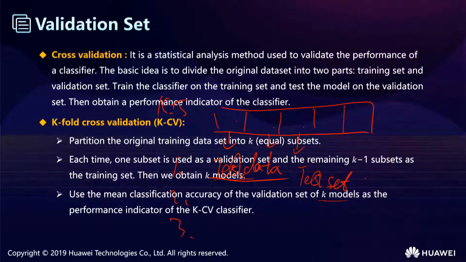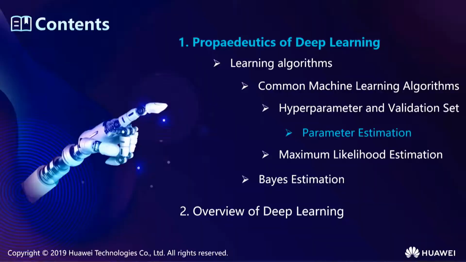That is called k-fold cross validation, and each smaller dataset will serve as the test data to test our models, with the other datasets used as the training data to train our models. That's the idea of k-fold cross validation. And we know hyperparameters are set by humans, and how does the model set parameters?